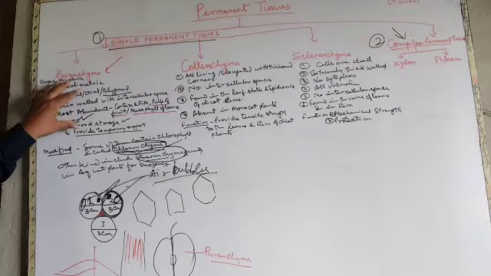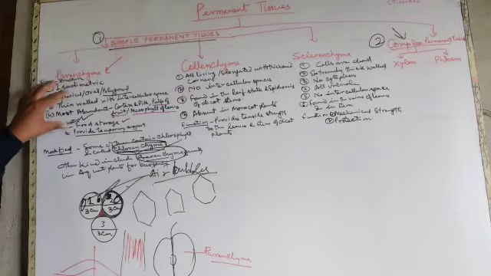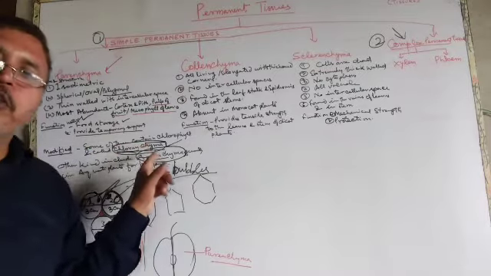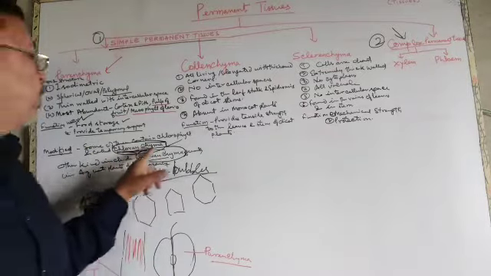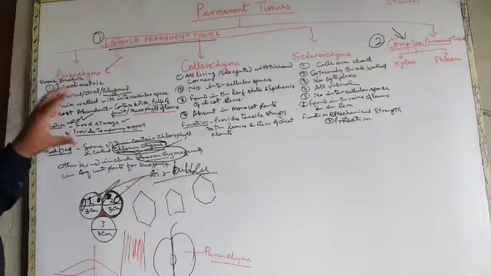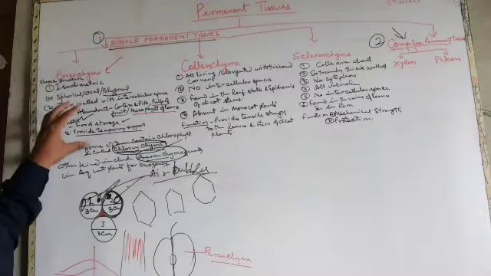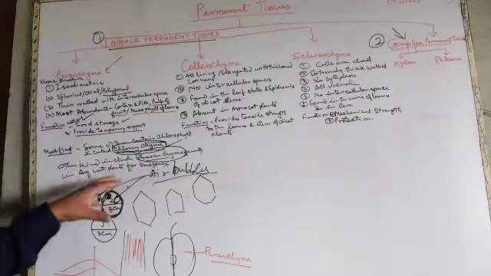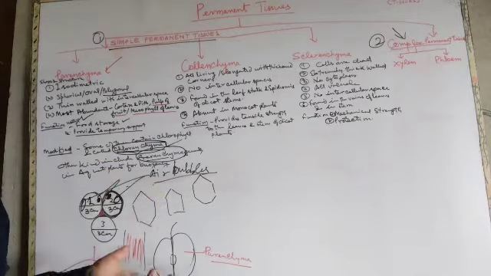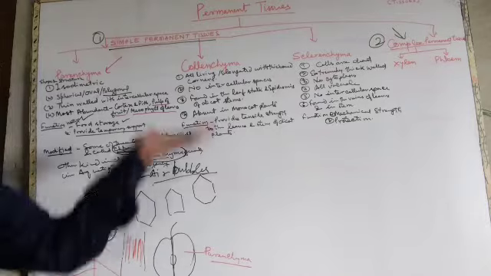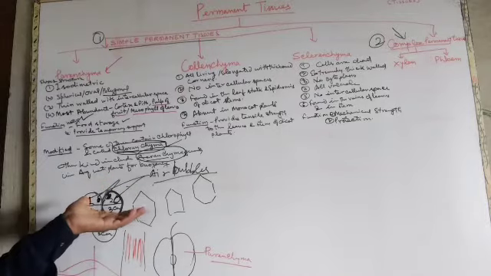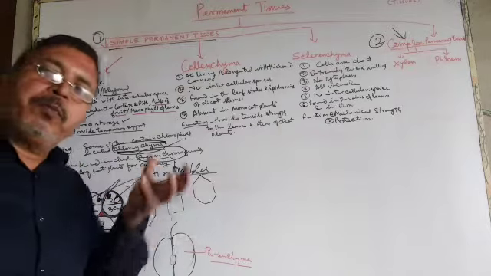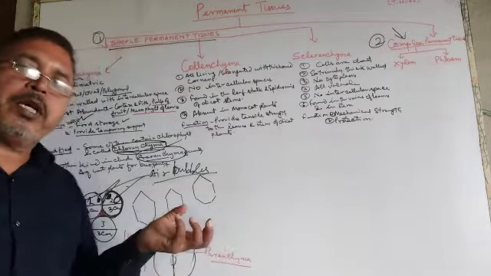Some parenchyma tissues have cells which contain chlorophyll and help in photosynthesis, called chlorenchyma. And there is another kind where some parenchyma cells have air bubbles in them. They increase the volume for buoyancy in the plant body, which keeps them above the surface of the water, helps them float, and protects them from drowning or sinking inside the water body.